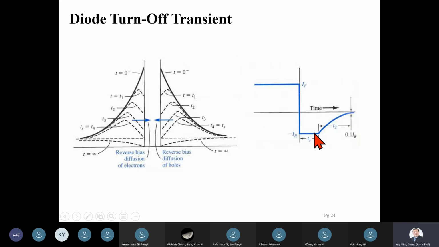It can be thought of as approximately constant because during this point in time, the carrier extraction is controlled by the profile of the excess minority carriers, and in particular the slope here, which determines the back diffusion of the excess minority carriers towards the junction. This slope is approximately the same for different instances of time, as shown here. So the back diffusion of the minority carriers is approximately constant. Strictly, it's not constant.